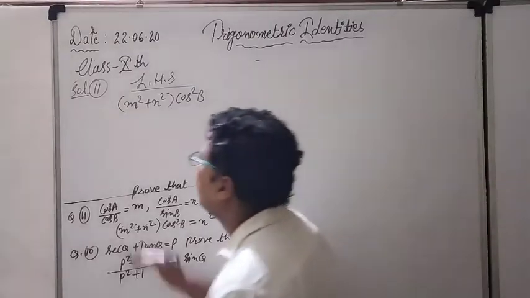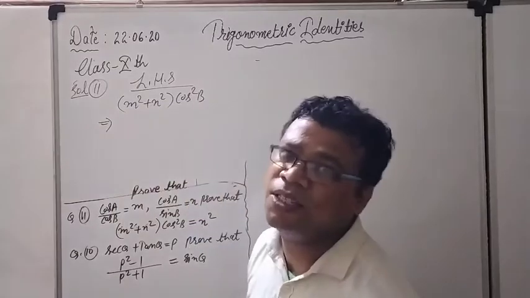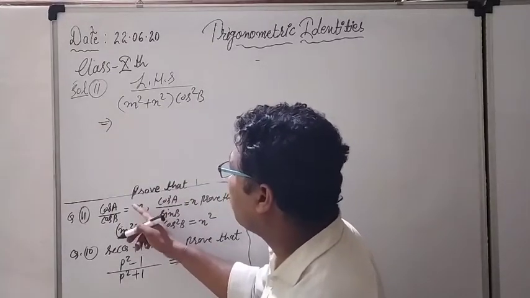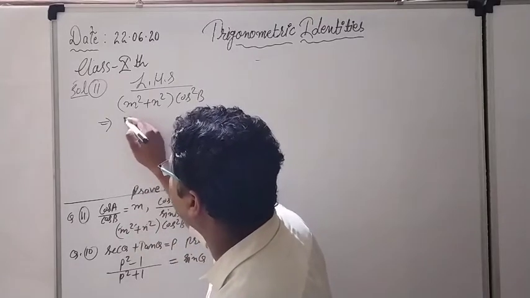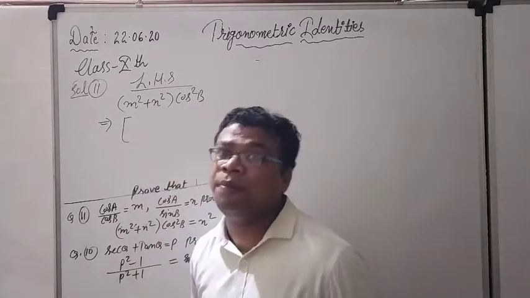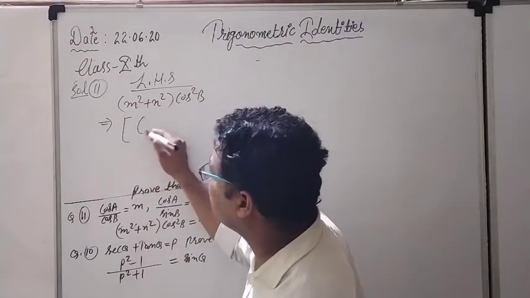See here, the values of m and n are given to me, so I am going to fill them in. What is the value of m? The value of m is cos A upon cos B. Actually I have to use the big bracket here, because some other things are coming in the small bracket.